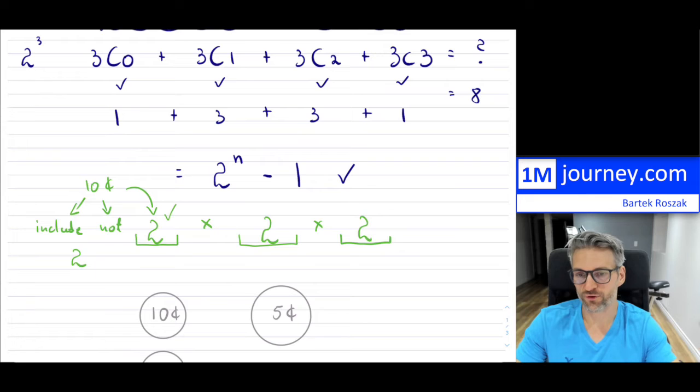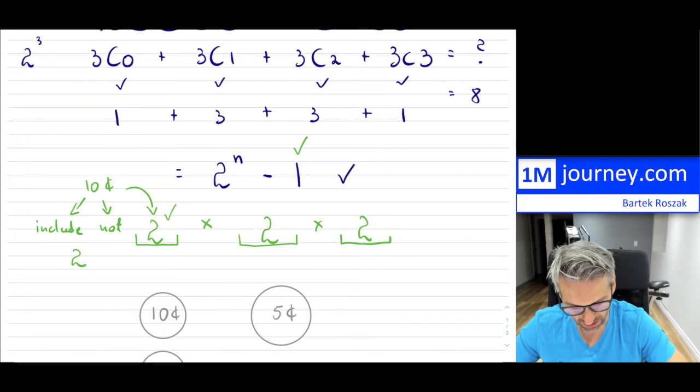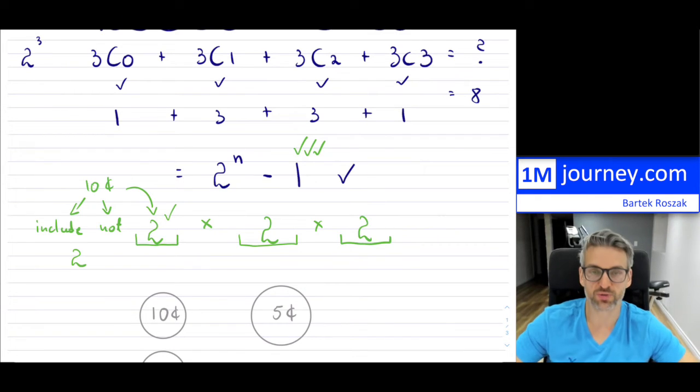And then again, don't forget that sometimes, depending on your application, you may want to subtract the empty set when nothing is included. Because that is a possibility, right? The 10 cents is not included, the 5 cents is not included, and the 25 cents is not included, and then there's nothing there, right? So just keep that in mind.